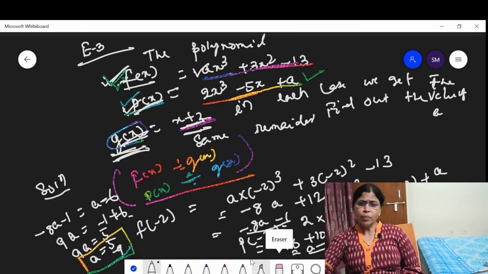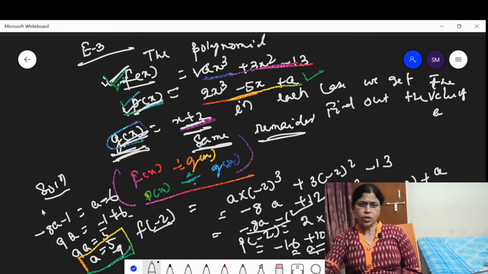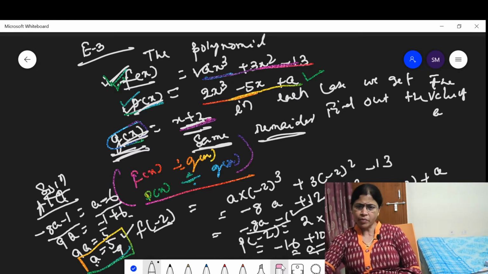Since both cases give the same remainder, according to the question, minus 8a minus 1 is equal to a minus 6. By solving this we get a equal to 5 upon 9. This is the answer to the given question.